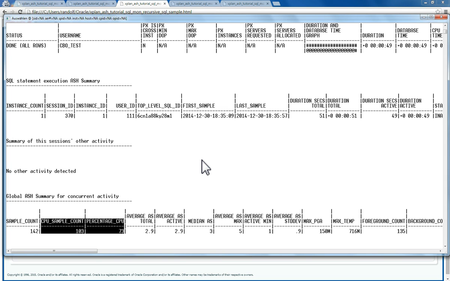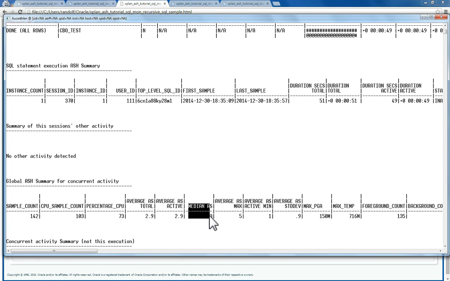This tells me already that 2 CPUs on average were in use by other sessions. If I, for example, only had 2 CPUs on my system, then this would be quite important information and an indicator that there might be some problems with the CPU usage. And therefore, as I said, I think it can be quite helpful.